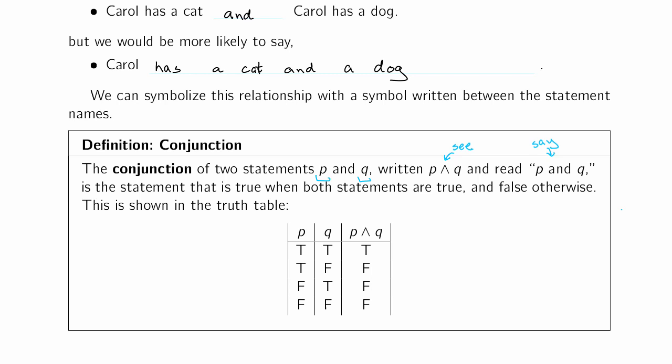It's false otherwise. So in this truth table, we see all possible combinations of truth values of P and Q. P and Q are independent statements here.